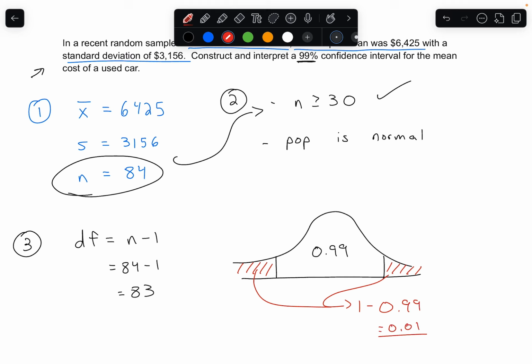So I want a two-tail area of 0.01 with 83 degrees of freedom. So that should be enough information to help me go and find my T star.